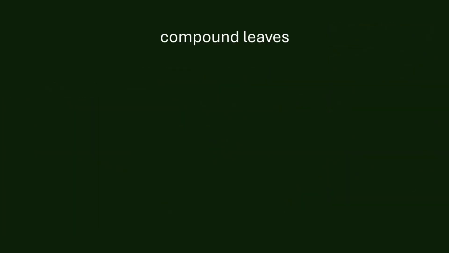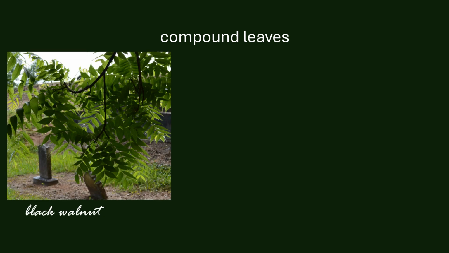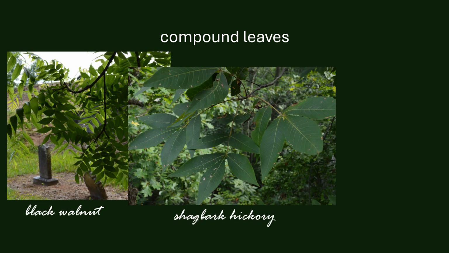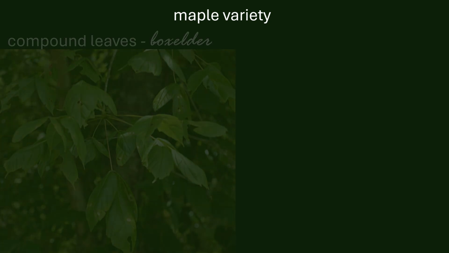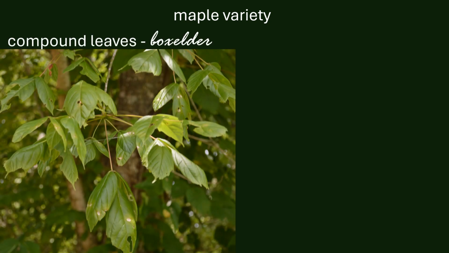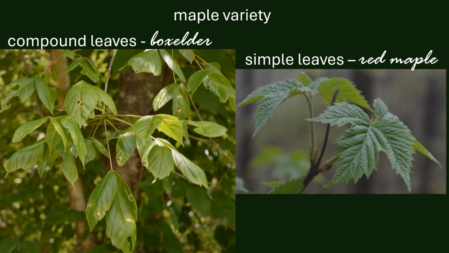Only a few hardwoods have compound leaves, mainly black walnut, pecan, hickory, ash, sumac, locust, and box elder. And box elder is in the maple genus or group. Maple is the only important hardwood genus with representatives of both kinds, box elder with compound leaves, and the other maples with simple leaves, including sugar maple, red maple, and striped maple.